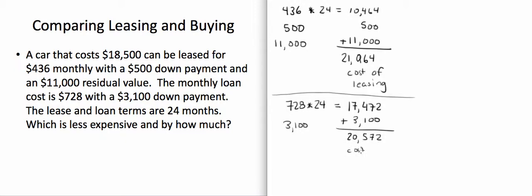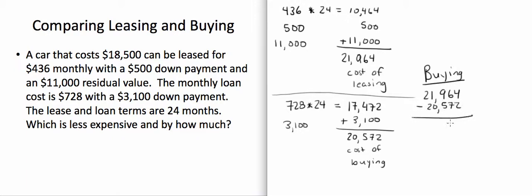So this is the cost of buying. Buying is less expensive. We subtract these two values, 21,964 minus 20,572, and that gives us an answer of $1,392 less. So buying costs $1,392 less.